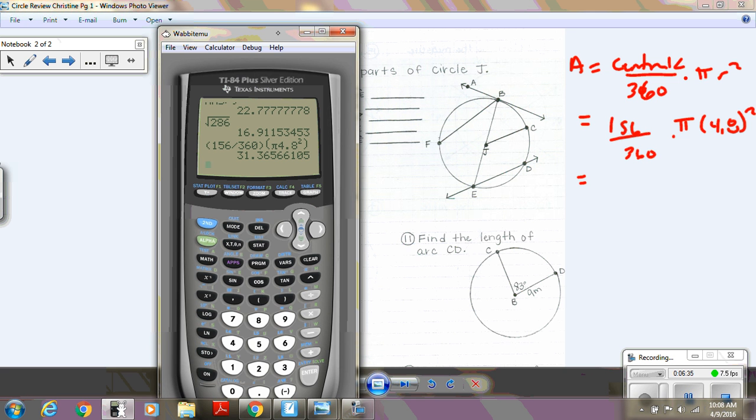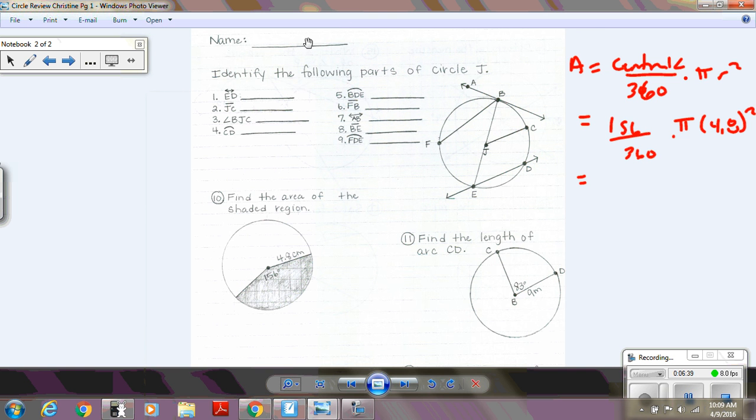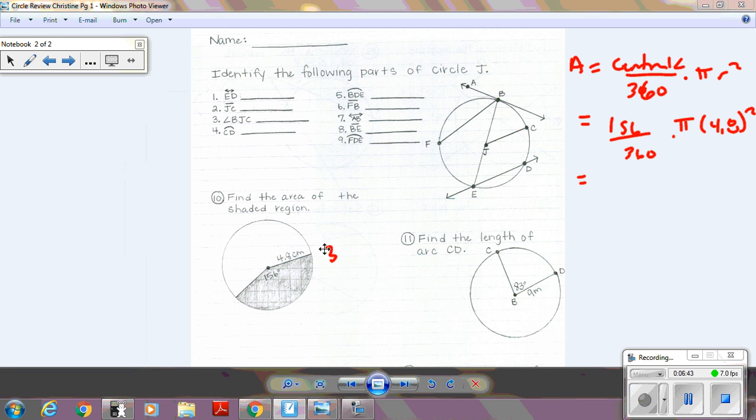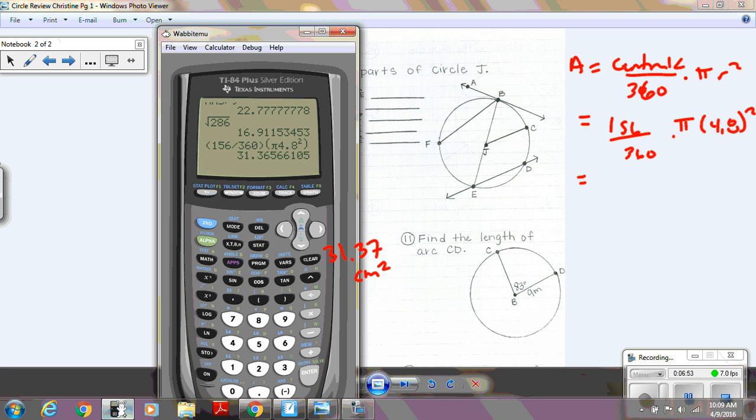So the area is approximately 31.37 centimeters squared. I believe that's what the calculator told us. Yes.